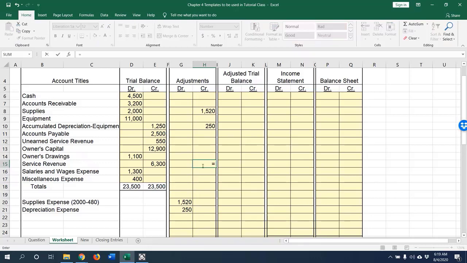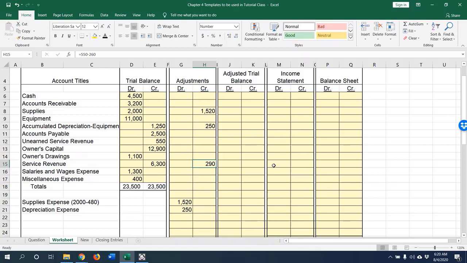Previously the unearned revenue was 550, and now it has become 260, the old one and the new one. So if I deduct 260 from 550, I'll get 290, and this 290 means that this 290 of the unearned revenue in this particular month we have earned, or the company has earned.